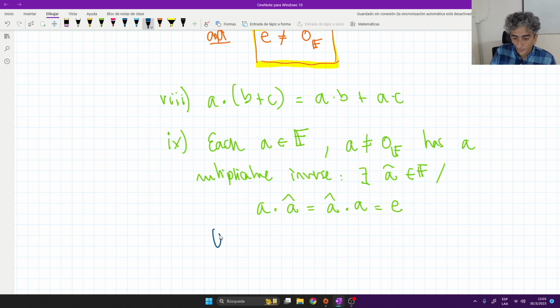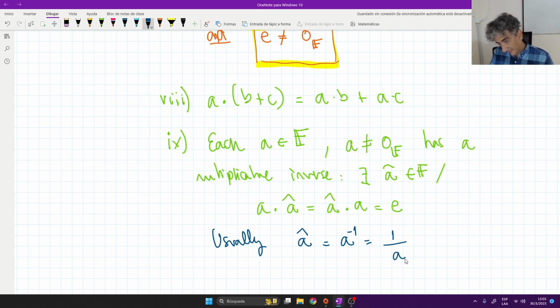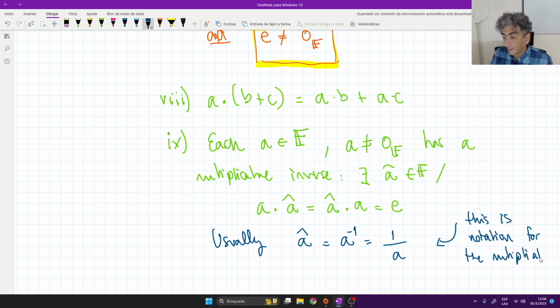Usually, the inverse is denoted A to the power of -1, also 1 over A. So this is notation for the multiplicative inverse.